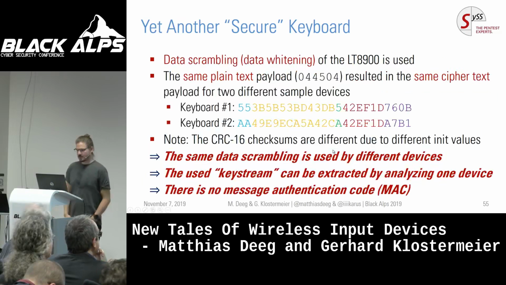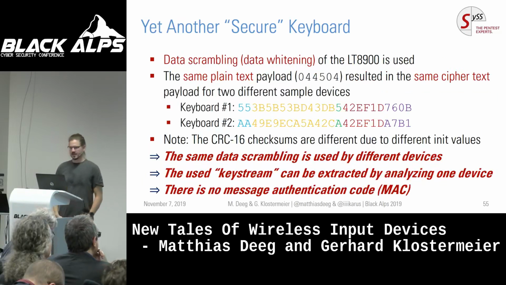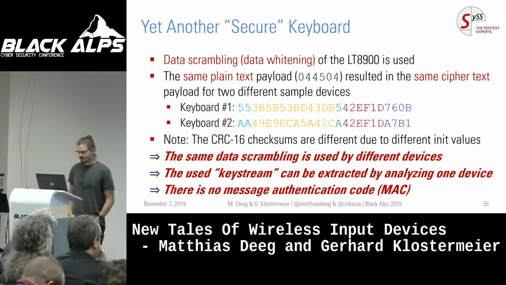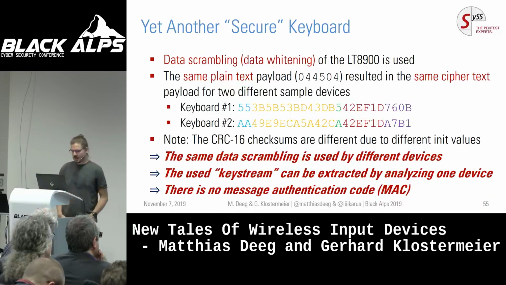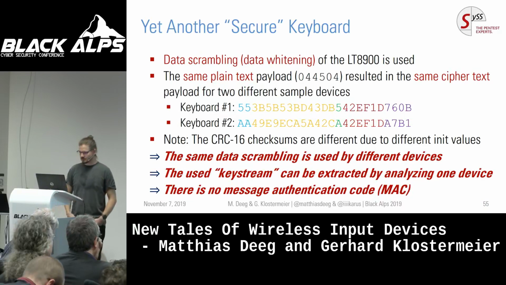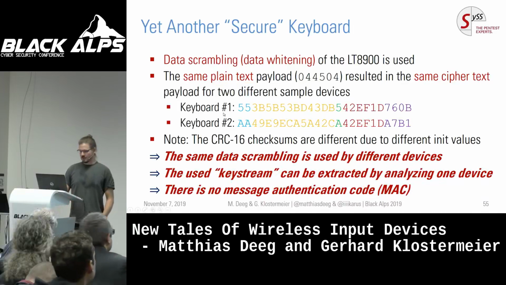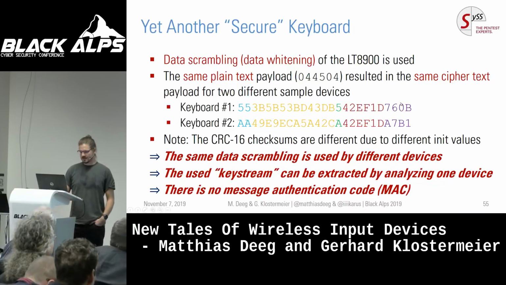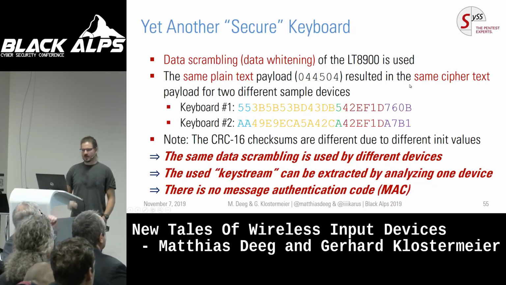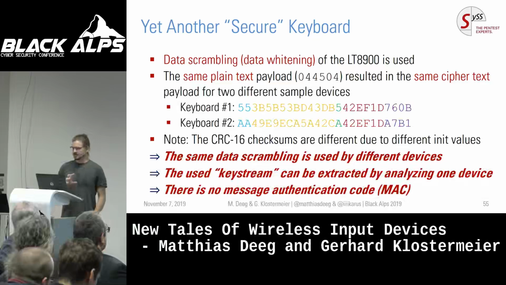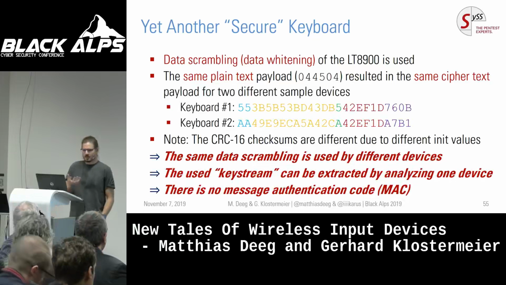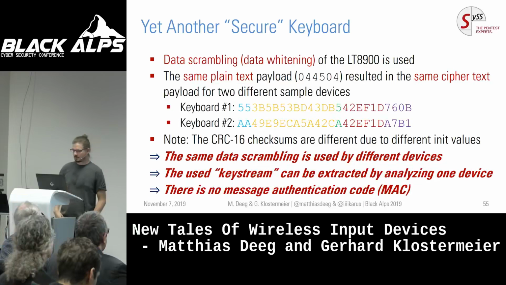It turns out this chip uses data whitening, so the scrambling, and we have to understand how this works. And even though the plain text is always the same, so it has no replay protection or something like this, the actual CRC is different when we buy two different keyboards. You can see here the last part, the CRC, is different. So we found out that the CRC is initialized with a device specific byte.